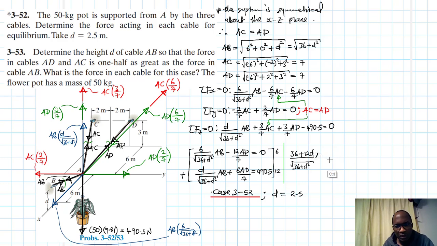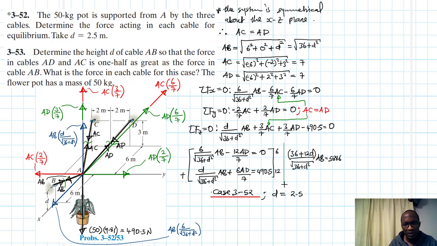Just 1 minute. We are multiplying by AB, so we can say like so, by AB equal to 5886. Okay. All right.